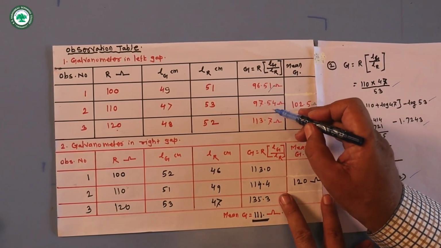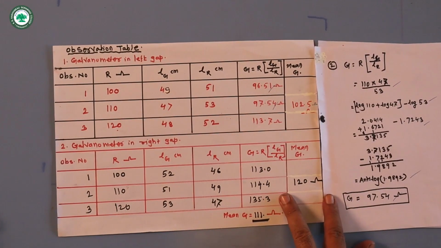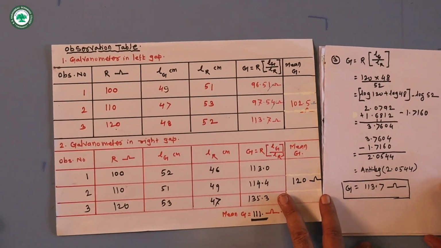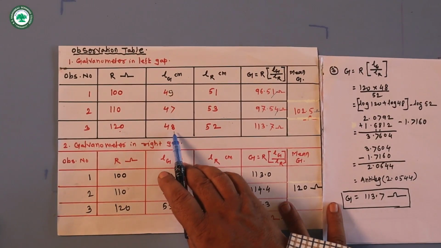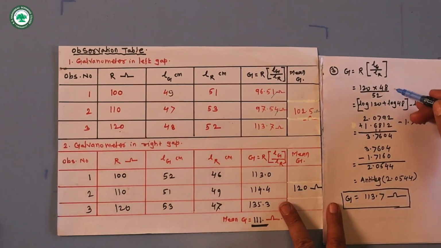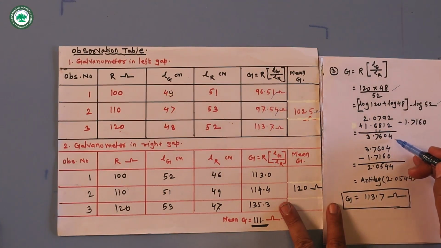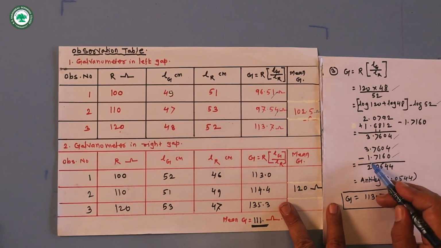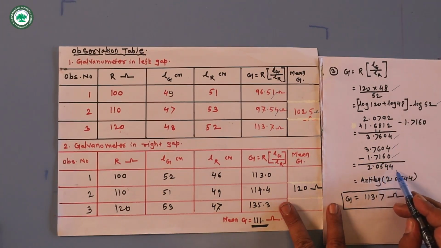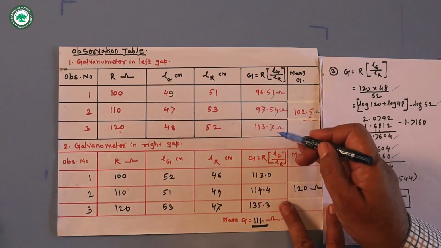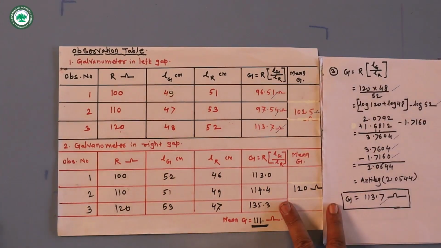This is the second calculation. Now see the third calculation using this same formula. The values are 120, 48, 52. Put these values here, convert into logarithm, then make the addition, and then subtract that 1.7160, get 2.0544, that is antilog of 2.0544. Value of G is 113.7. Now note this value from this calculation.